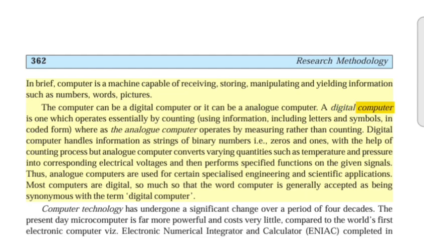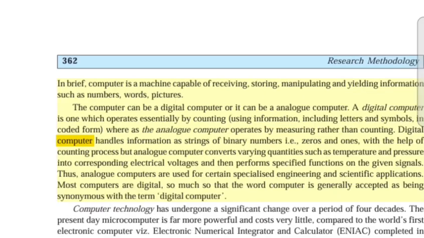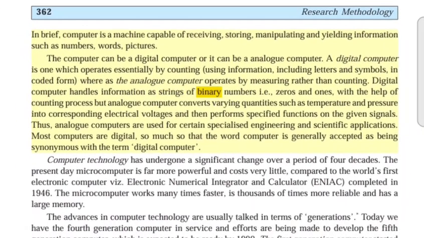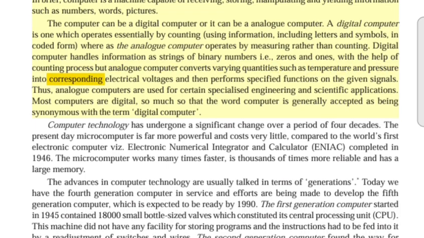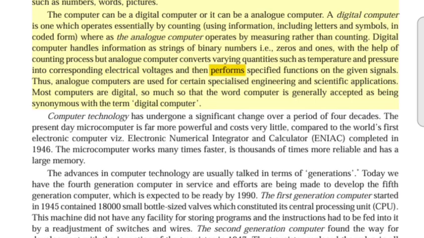A digital computer is one which operates essentially by counting using information, including letters and symbols, in coded form, whereas the analog computer operates by measuring rather than counting. Digital computer handles information as strings of binary numbers, i.e., zeros and ones, with the help of counting process, but analog computer converts varying quantities such as temperature and pressure into corresponding electrical voltages and then performs specified functions on the given signals.